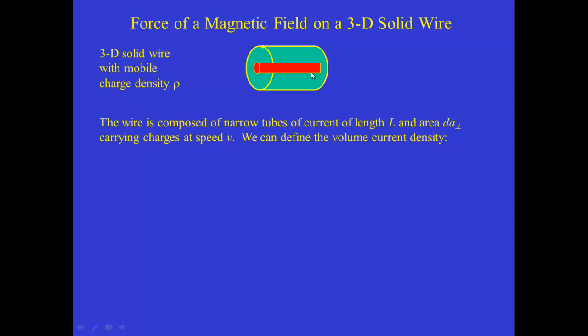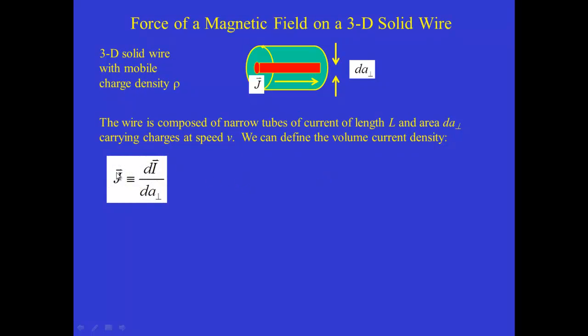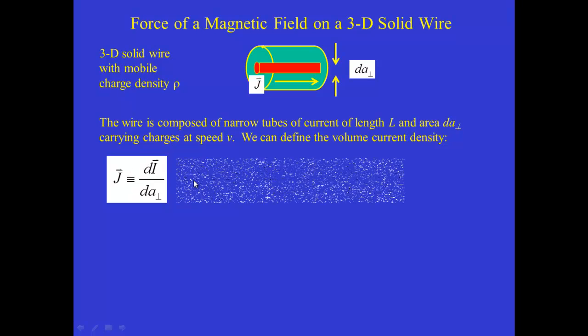Alright, so there's the little tube, and we're going to imagine a flow of charge from left to right, the cross-sectional area being dA perpendicular, and J is what's called the volume current density. It's not current per unit volume. That's a little bit of a misnomer. We call it the volume current density because the current is distributed throughout a volume. But J is actually defined as the current per unit area perpendicular to the flow.